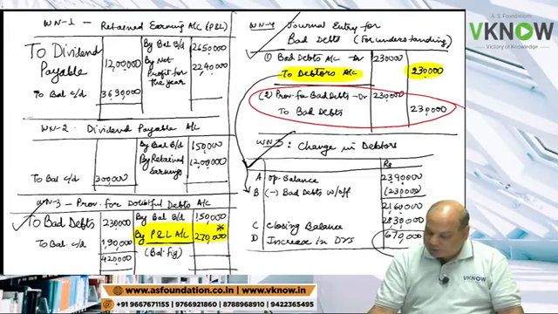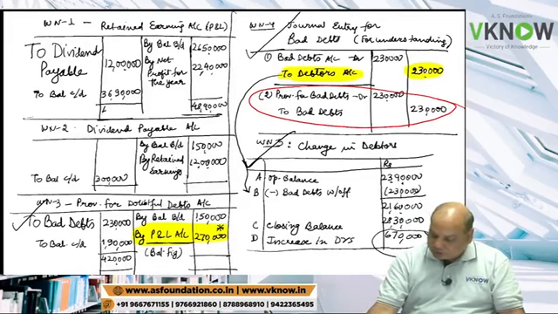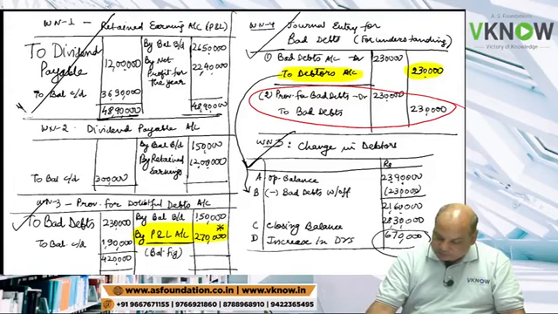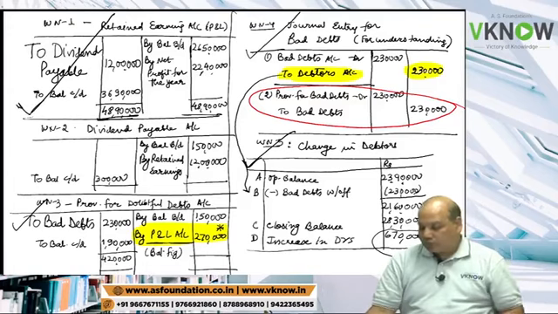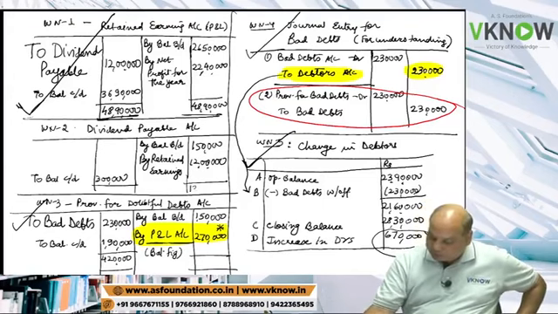Now let us check whether the retained earning account is tallying. The total of the retained earning account is 48 lakh 90,000 on both sides, so this account is already tallying. Dividend payable account, check whether it is tallying.